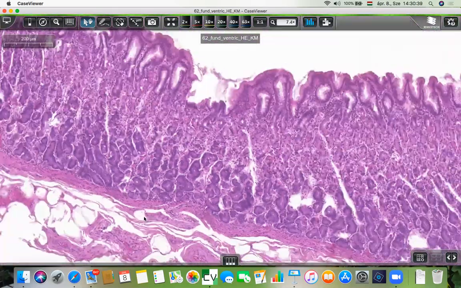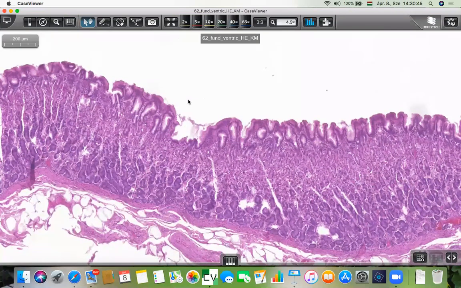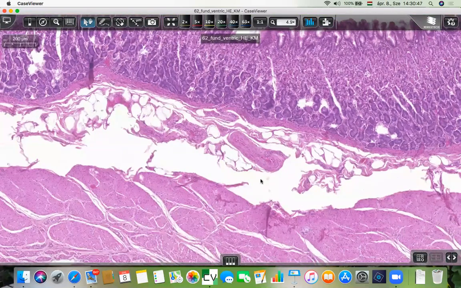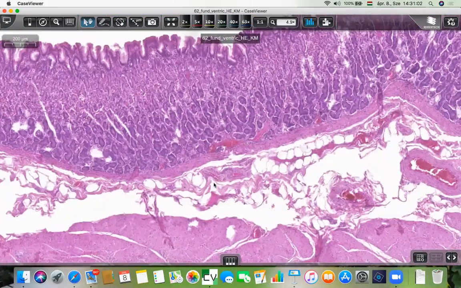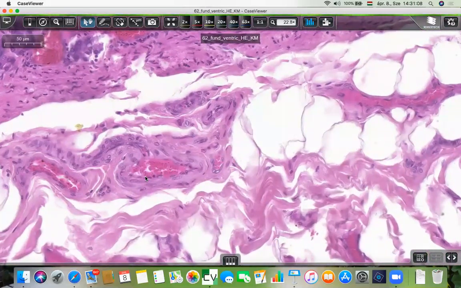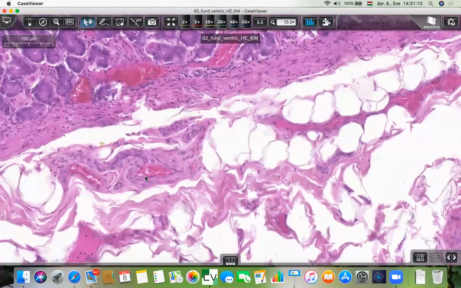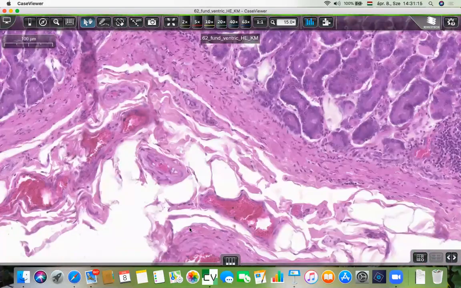And then under the mucosa, that was the mucosa. So under the mucosa, we can see the submucosa. This is a little bit destroyed. It's artificial. Loose connective tissue we have, having adipocytes, blood vessels, connective tissue fibers, and also we can find a typical component of the enteric nervous system called Meissner's plexus or submucosal plexus.